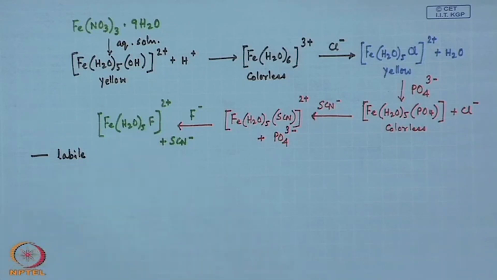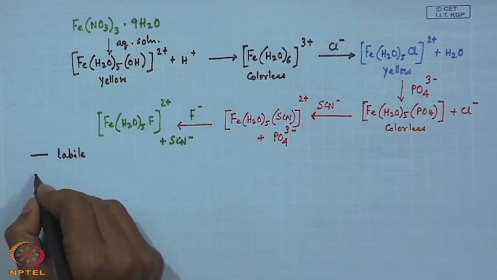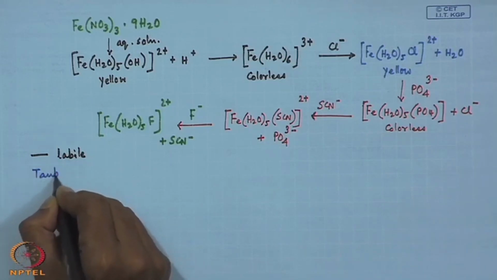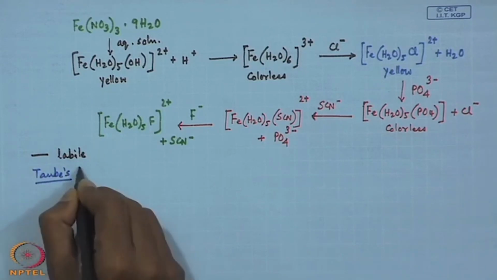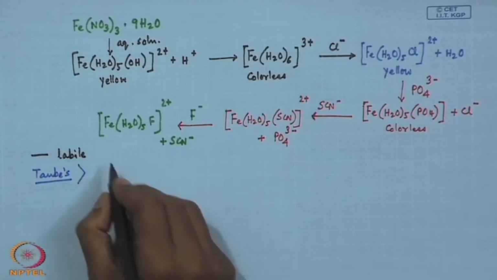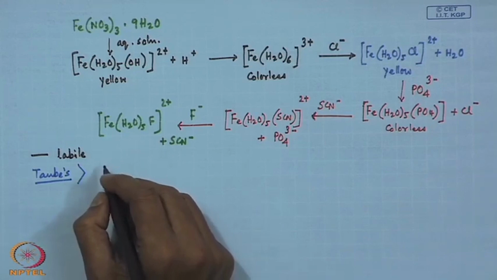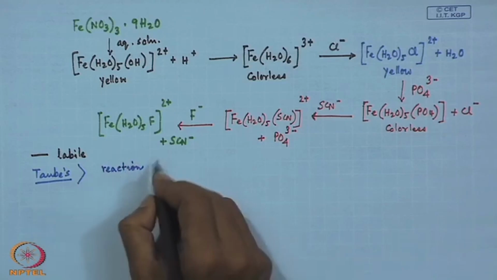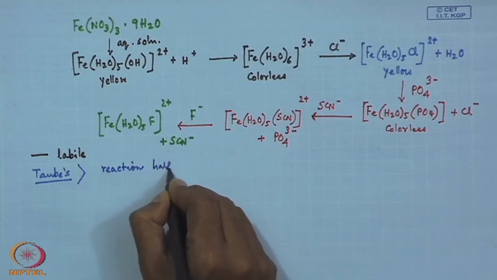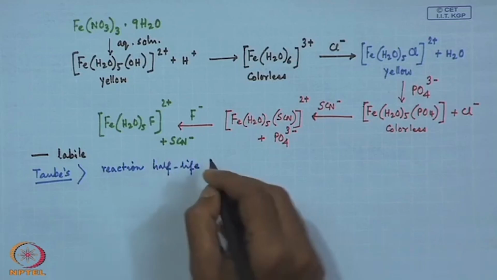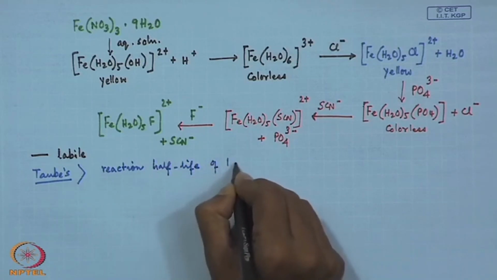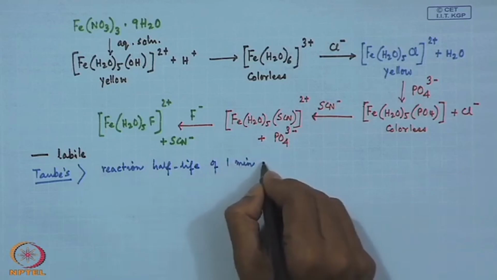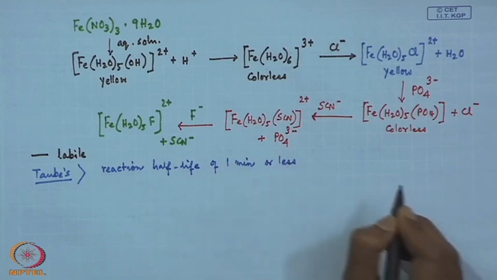So, the labile complex we can define as per the Nobel laureate Henry Taube's definition. Taube defined a labile complex as one where the reaction half life is 1 minute or less.